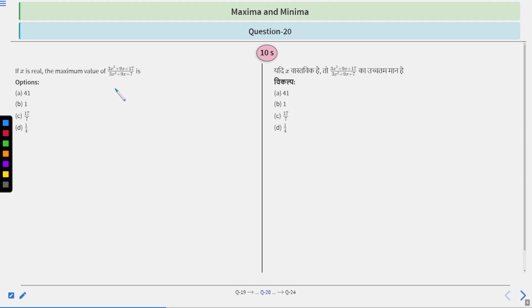So the critical point at which f double dash x is coming out to be less than 0, corresponding to that point, we will get the maximum value of this function. Okay, so you can apply this approach to solve this question. Okay, so you have 10 seconds to solve this question. After 10 seconds, we can move to the solution part.